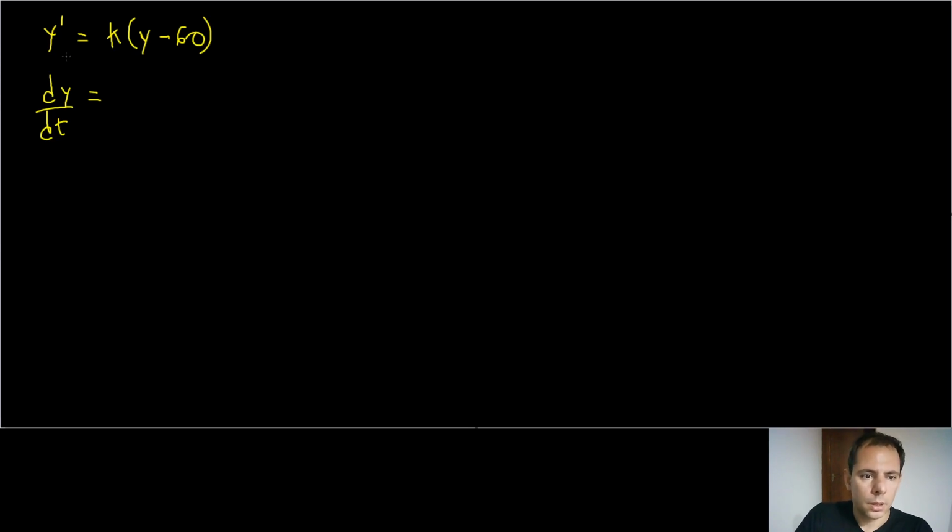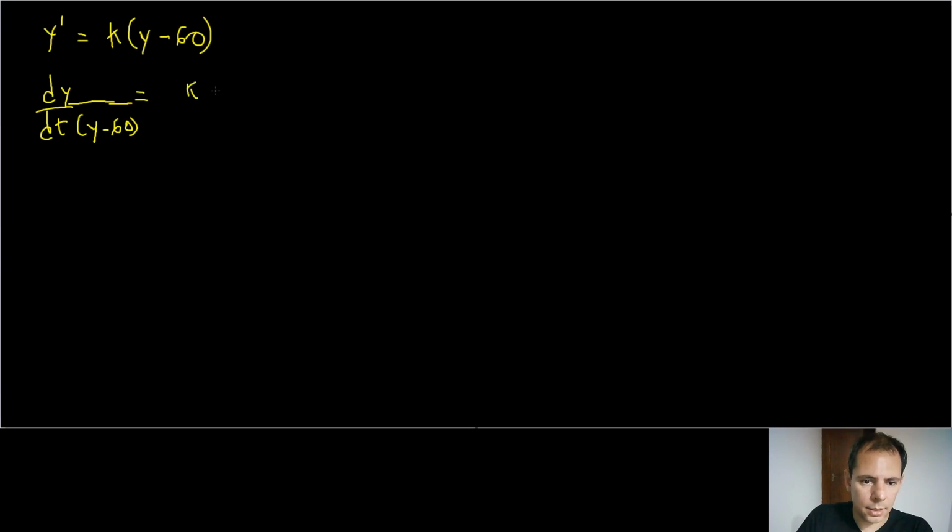I want the y on the left and I want the t on the right. I'm going to do this slowly so it doesn't get confusing. I'm going to divide this thing, so it's going to be dy over (y minus 60) on the left side, and here you're going to have a k.